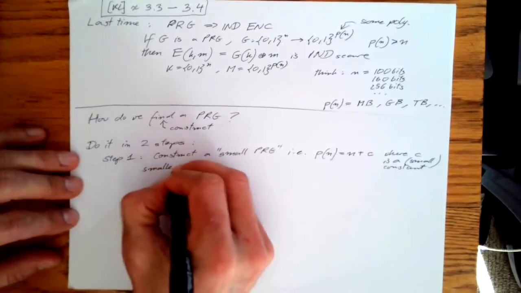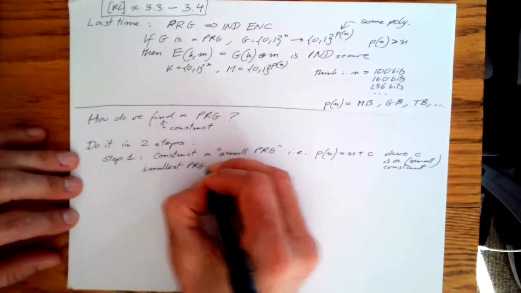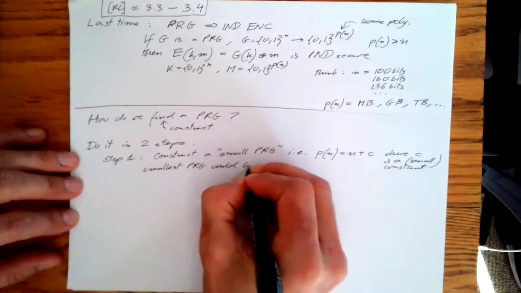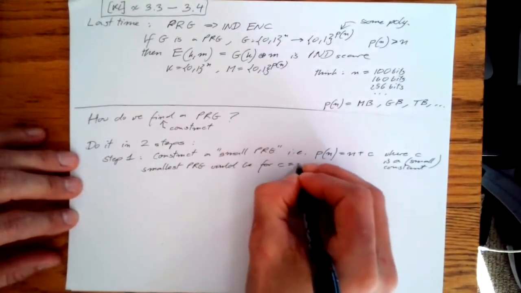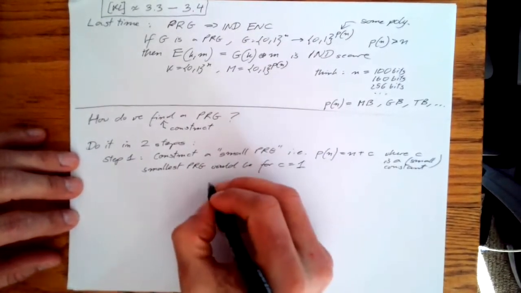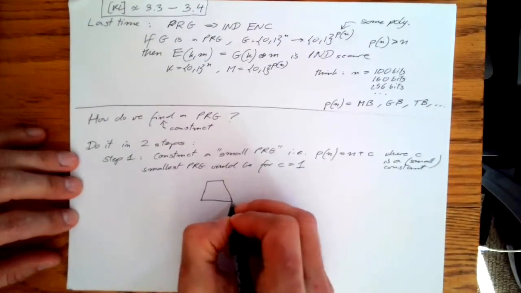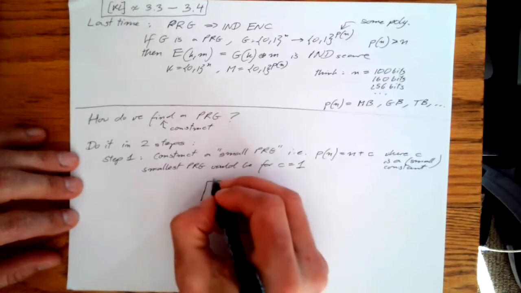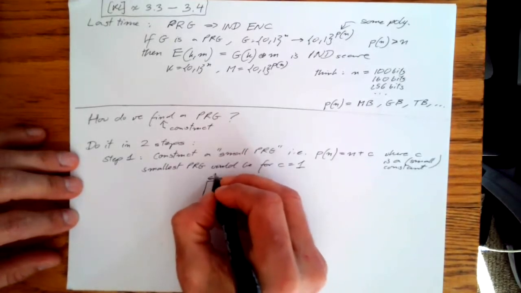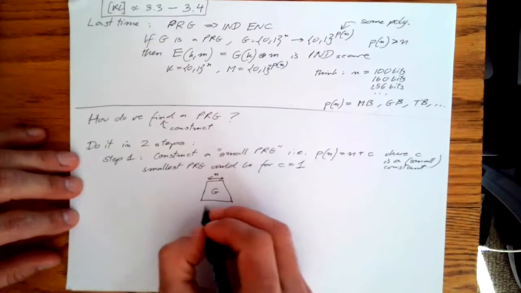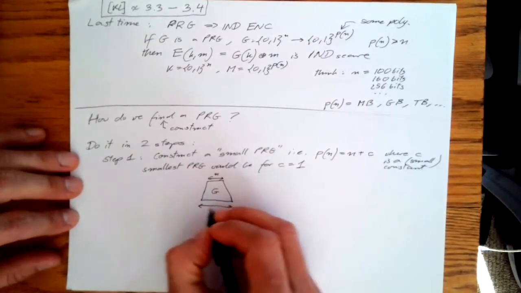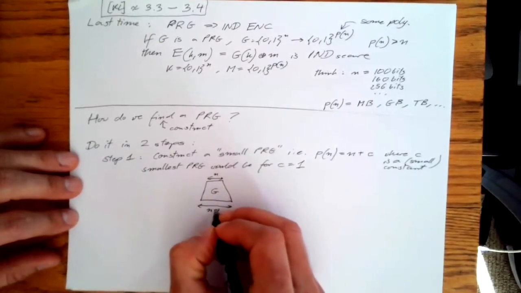The smallest PRG would be for this constant being 1. So basically, a really minimal PRG takes inputs which have just n bits, and the outputs are just 1 bit longer.